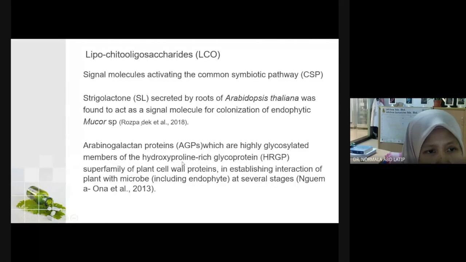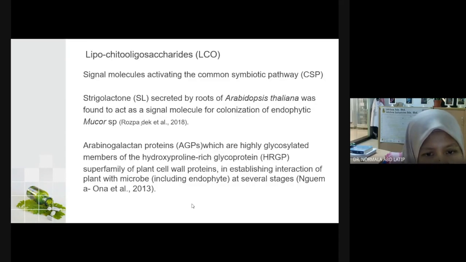Another example is the arabinogalactan proteins, AGPs, which are highly glycosylated members of the hydroxyproline-rich glycoprotein, HRGP, superfamily of plant cell wall proteins.